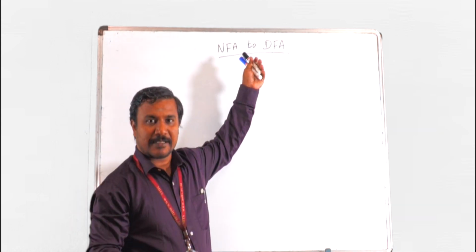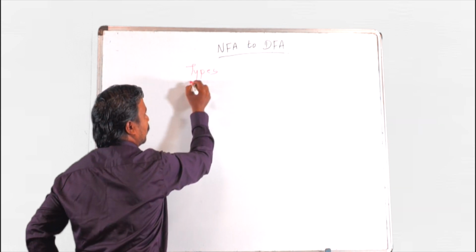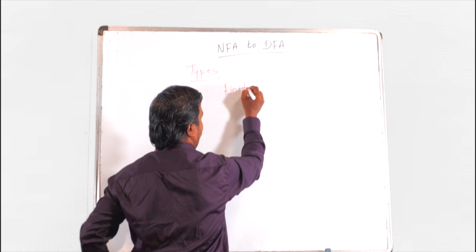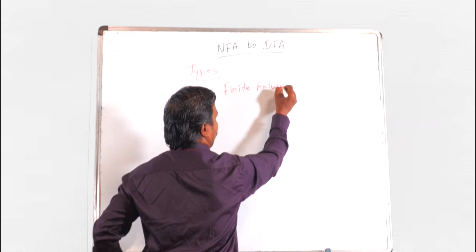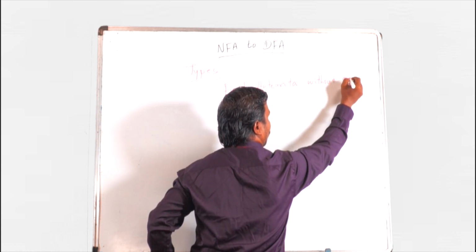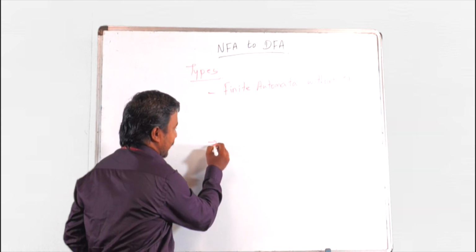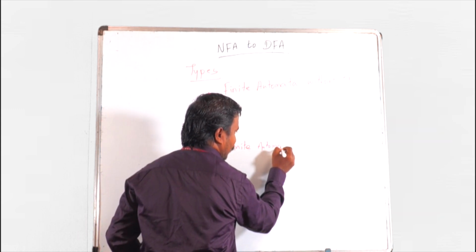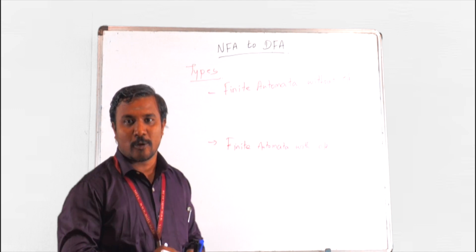Then there are some types in finite automata. The first one is finite automata without output, and the second one is finite automata with output.